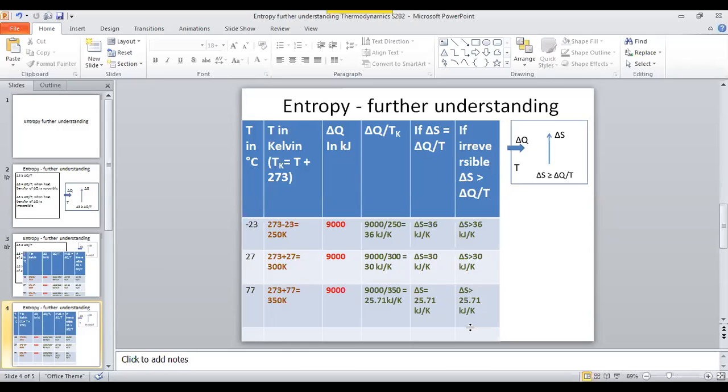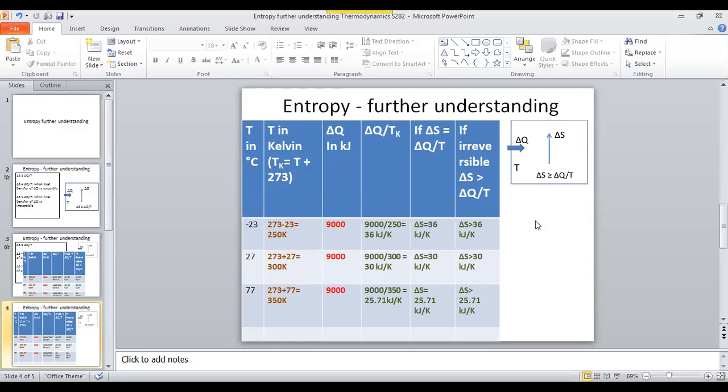I have a question for you, but I hope you can understand this. For power generation, for work done, which temperature is more useful? Higher temperature energy is more useful.